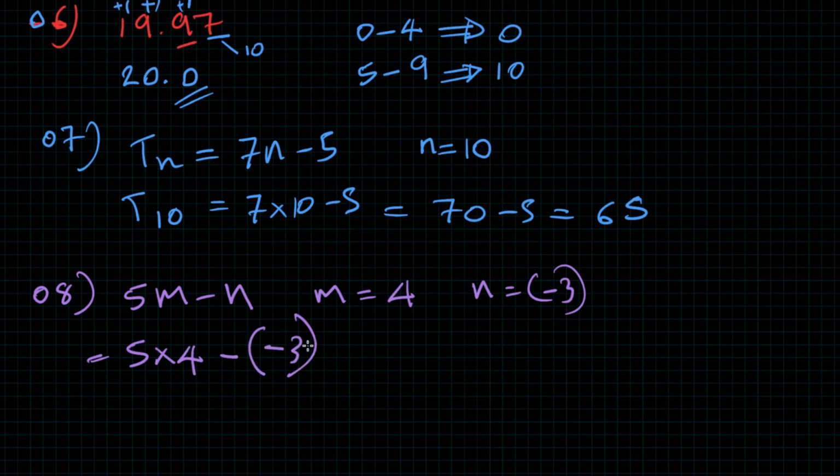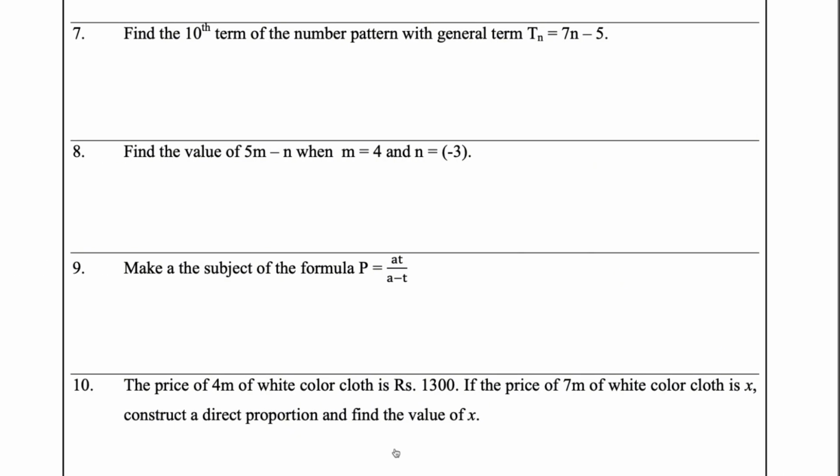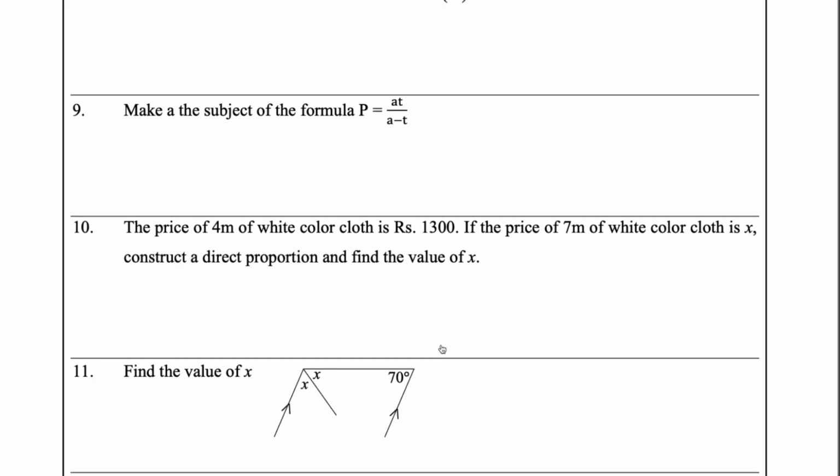It's really important to put these parentheses, otherwise you will be confused with the signs. So signs also get multiplied. 5 into 4, minus into minus is plus 3, and the order of operations is first we do the multiplication. 20 plus 3 equals 23. It's a very straightforward question. Shouldn't waste much time doing this in the exam.